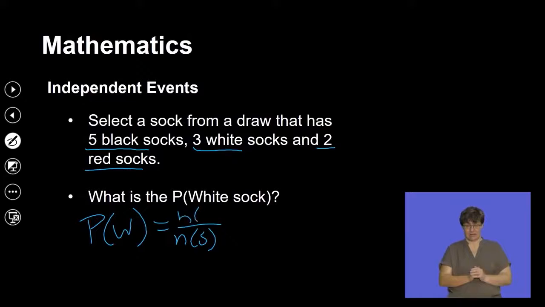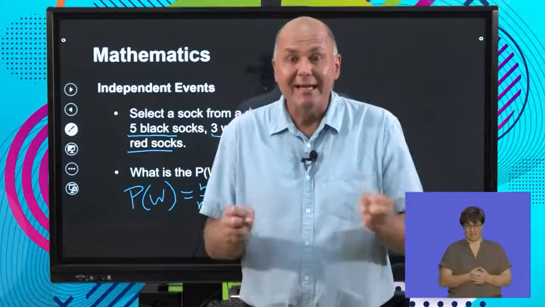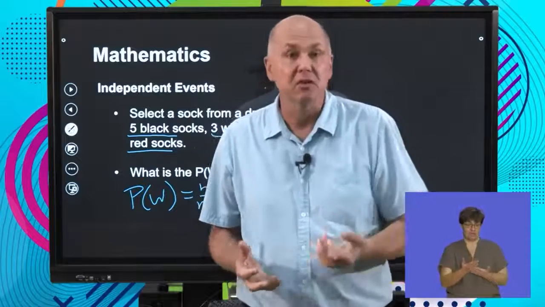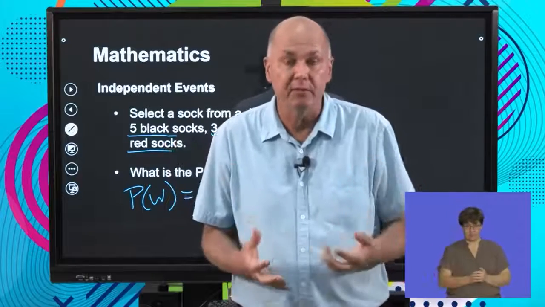The number of white socks is 3, so it's going to be 3 out of 10, which is a probability of 0.3. Now, that would be fine, and we recognize that's one event. We'd be able to calculate the probability for the other socks as well, using the same probability formula.